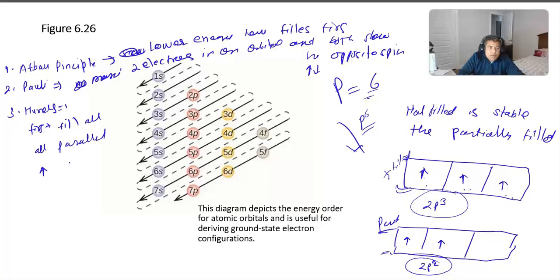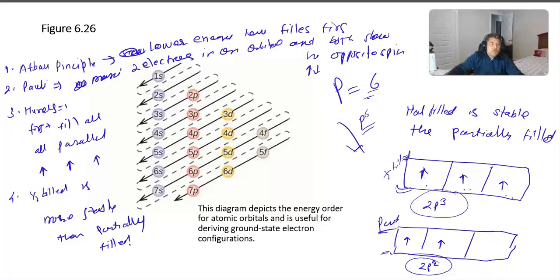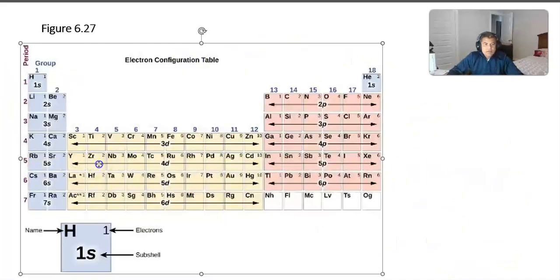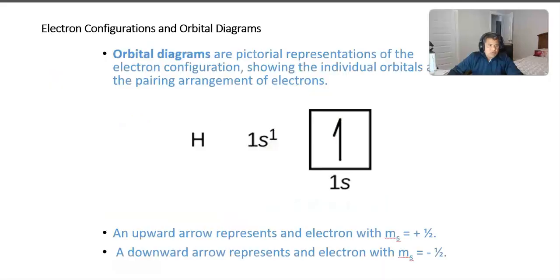So if one is spin up, the other should be spin up, then pair them. And fourth is that half filled is more stable than partially filled. This is the fourth rule.